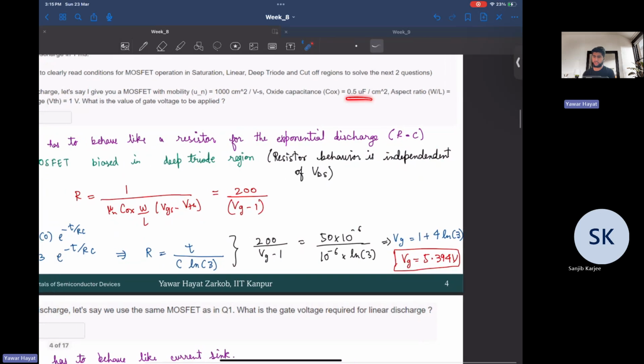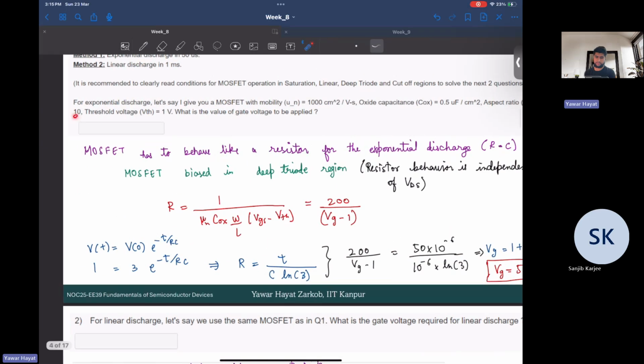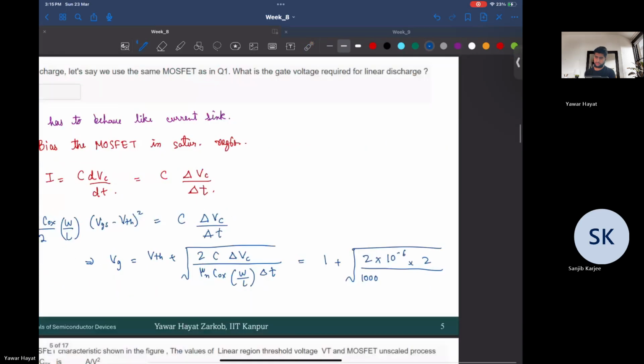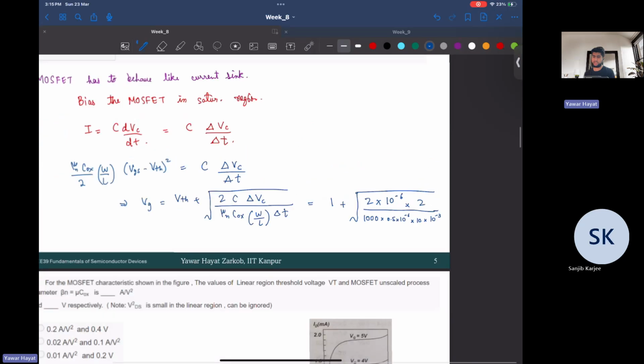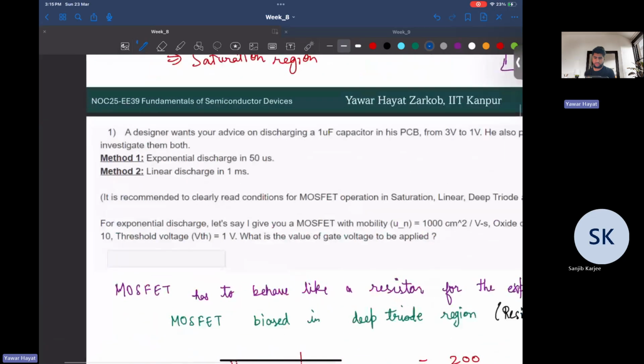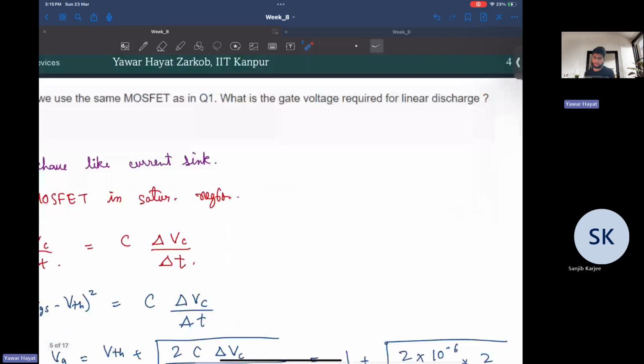Similarly, Cox is 0.5 micro, and your W by L is 10. Plug in these values. It's 0.5 micro farad per centimeter square times W by L is 10. And then we have 10 to the power minus 3 as delta T. Why? Because linear discharge happens in 1 millisecond, right?